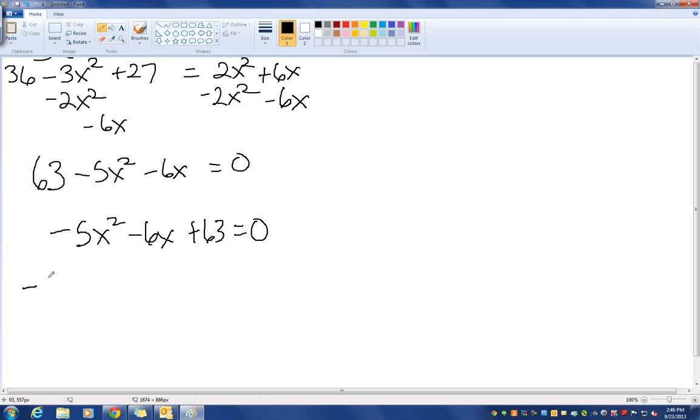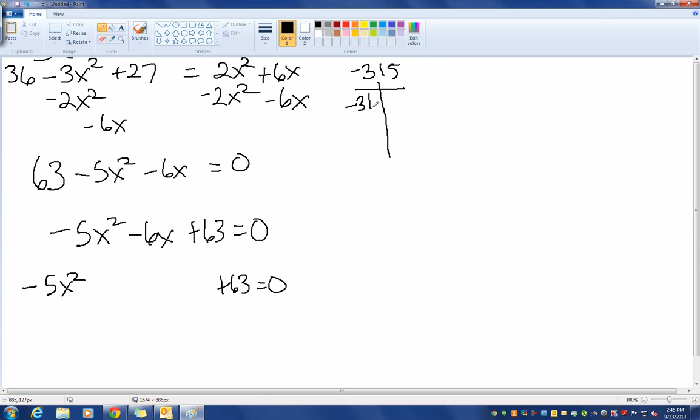We're going to make it into 4 pieces: negative 5x squared, plus two x terms, plus 63 equals 0. The way we get those two x terms is to multiply negative 5 times 63, which is negative 315. We're looking for two values that multiply to give negative 315 and add to give negative 6.